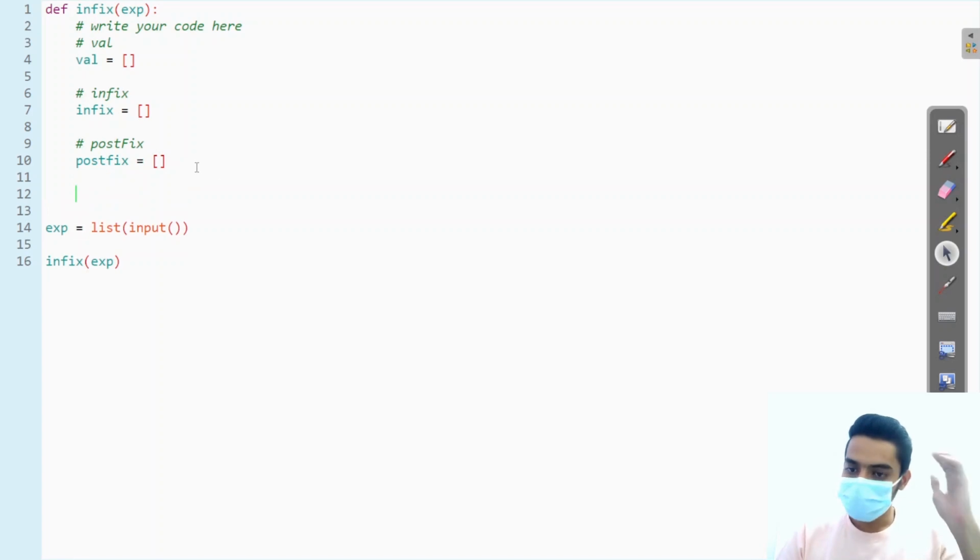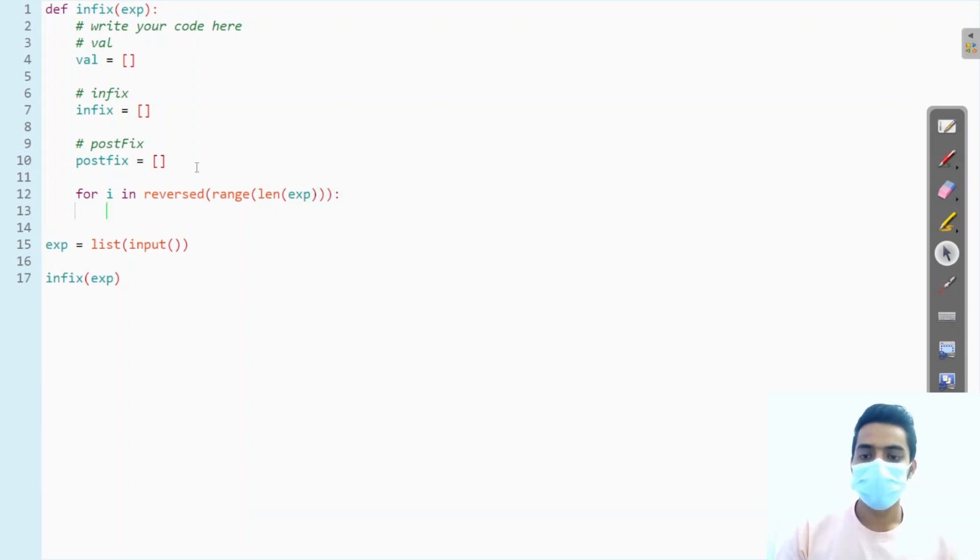Okay, first, for solving the prefix expression and converting into infix and postfix, we need to travel from right to left. So the for loop, i in reversed range of length of expression. Okay, so this is a loop that we are traversing from right to left.